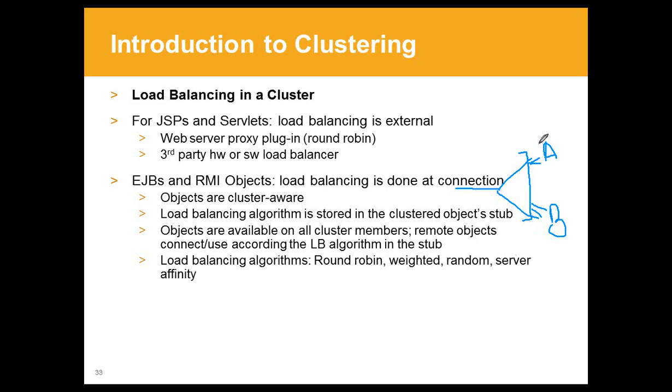affinity means something is attracted to something. So if my session was coming to A, then server affinity will allow the request to come to A itself. For all the requests coming for that particular transaction, they will go to server A. So all the requests are coming to server A because server A has the server affinity.